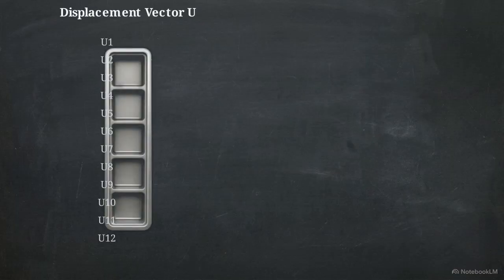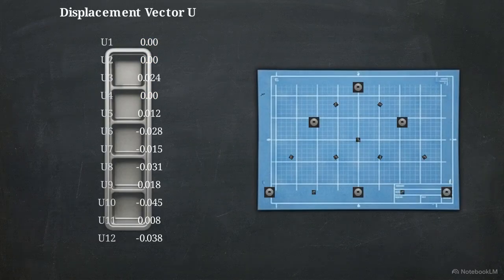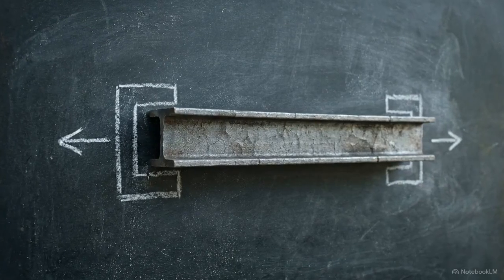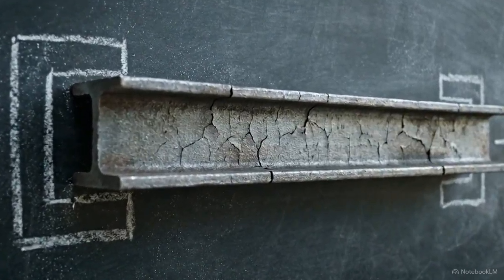During post-processing, the program reconstructs the full displacement vector by placing these results in their original positions and inserting zeros for the fixed positions. This yields a complete map of how every point on the truss deformed under the applied loads. While these displacements are essential, they are primarily used to calculate the internal forces acting within each element.